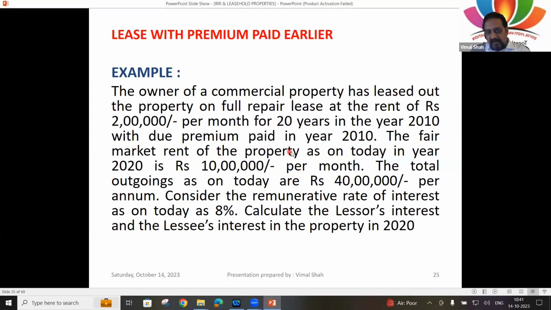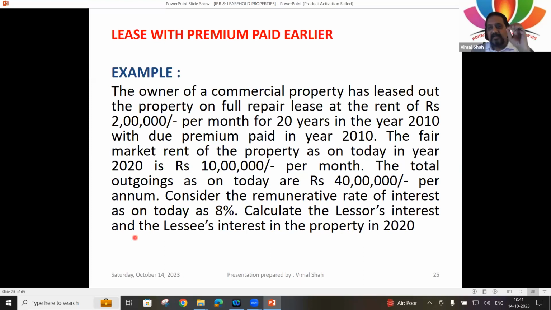The fair market rent of the property as on today is 10 lakh per month. The total outgoings as on today is 40 lakh rupees per annum. Consider the remunerative rate of interest as on today as 8%. Calculate the lessor's interest and the lessee's interest in the property.